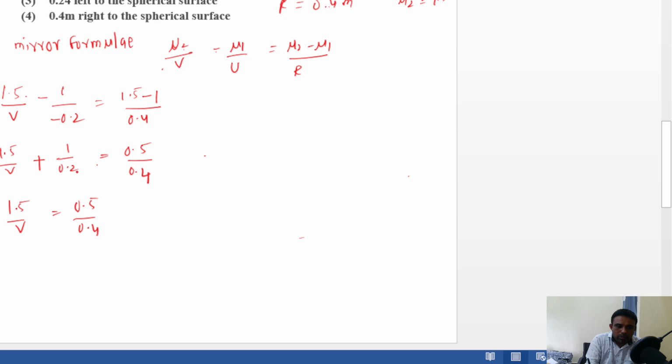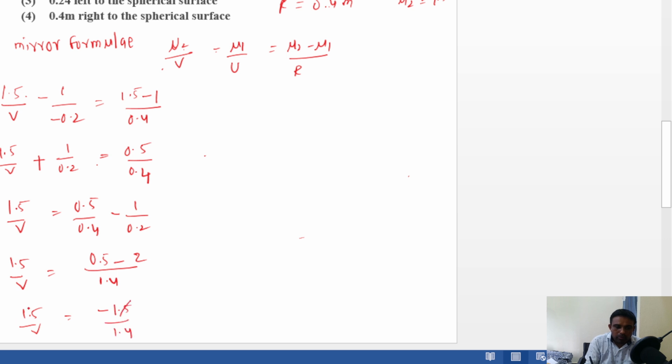This part 1 by 0.2 is shifted to the right side, then it becomes minus 1 by 0.2. So 1.5 by V is equal, here LCM 0.4. So 0.5 minus 0.2 is 2 times. So 2. So 1.5 by V is equal to minus 1.5 by 1.4.